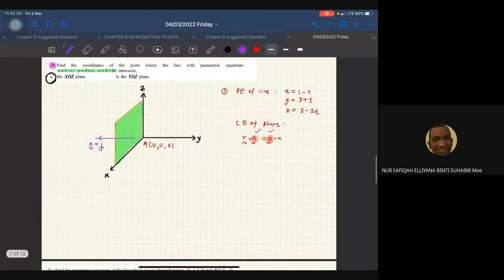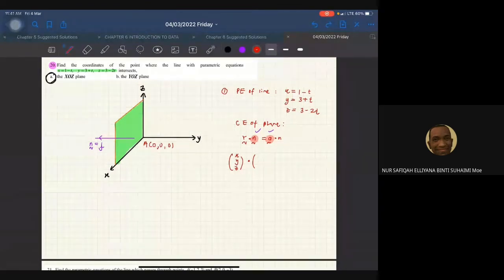Okay, so nak cari Cartesian equation of a plane senang sahaja. Masukkan sahaja ke dalam awak punya matrix form. Column matrix. Right, so kita punya R is X, Y, Z, and then dot it with your normal. Sorry, that's not your normal, that's your fixed point.